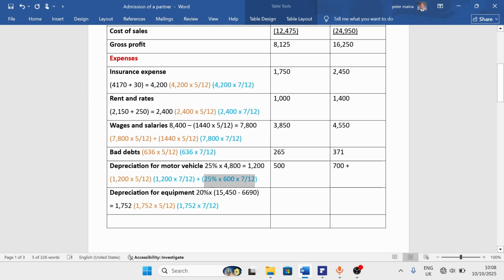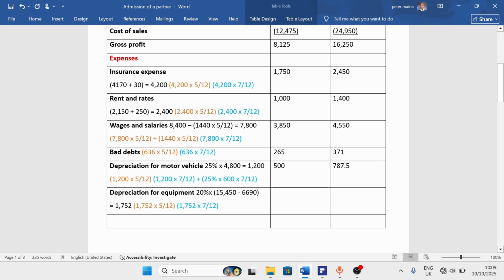So 25% of 600 gives us 150. So 150, you multiply by 7, you divide by 12, gives us 87.5. So in total, depreciation for the last 7 months is going to be 787.5. So that is the one you are going to recognize as depreciation expense for that period.